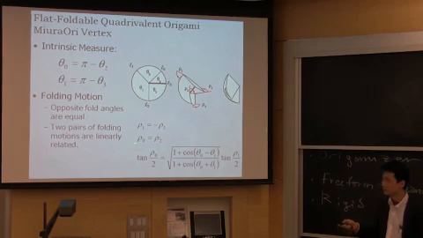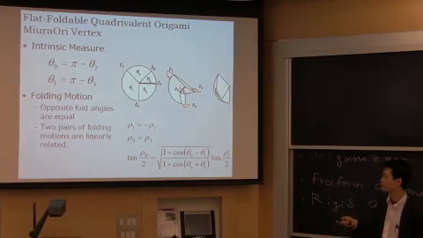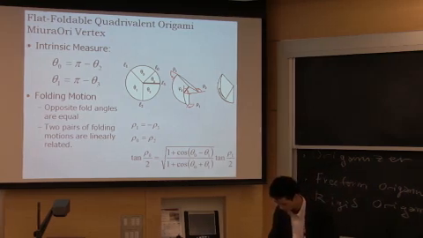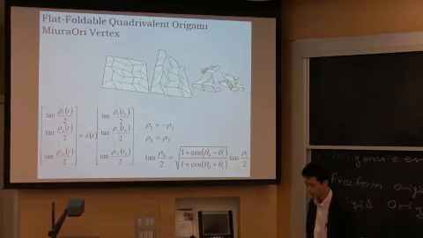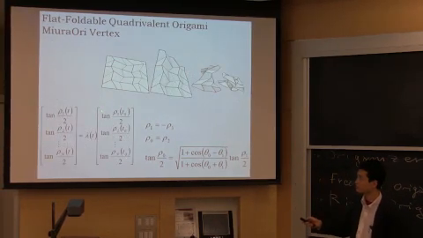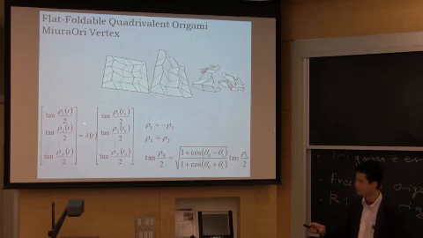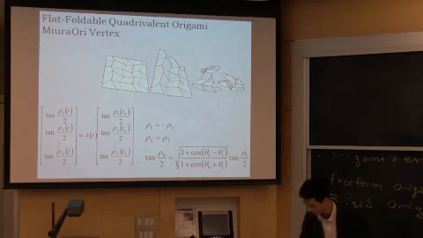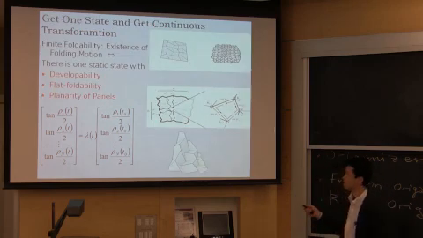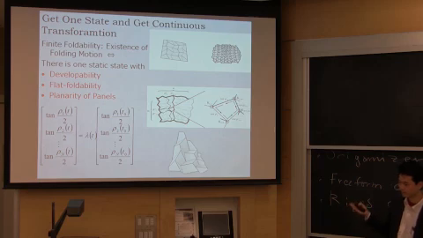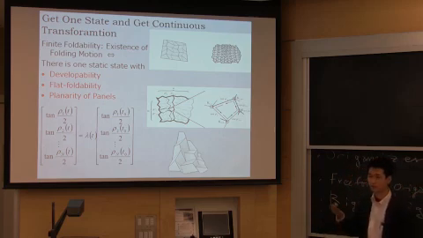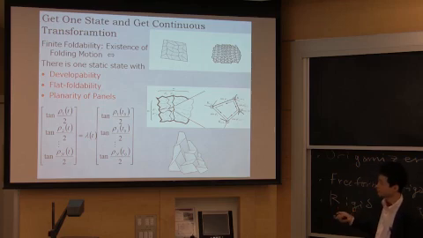If you look at the tangent of half of the angle, then it's linearly related. This is very useful, because if you find one configuration that works, then you will have continuous folding that works. Anyway, in this way, you can make a sufficient condition for making a quadrilateral mesh rigid foldable.